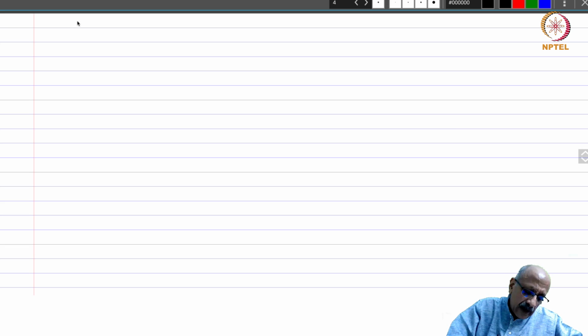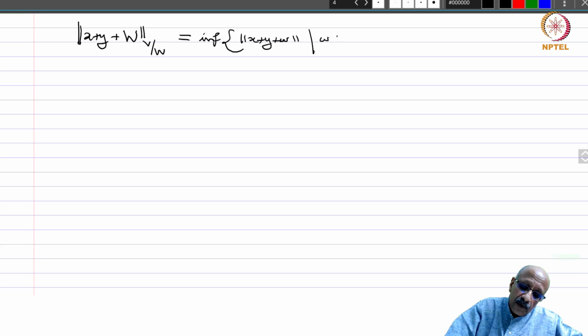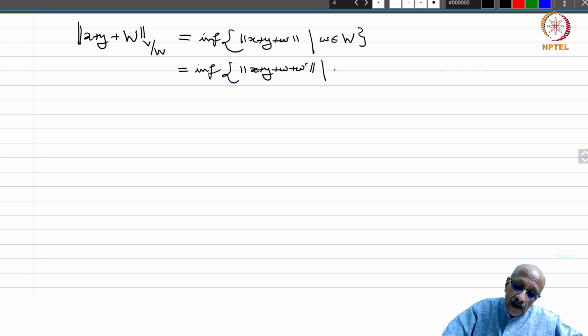So we have to look at the norm of x plus y plus w in V by W. By definition this is the infimum of the norm of x plus y plus w, w in W. This is equal to the infimum of the norm of x plus y plus w dash, w and w dash in W. Why is this true?